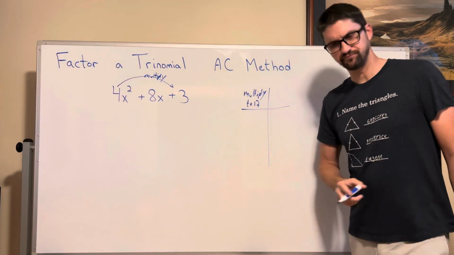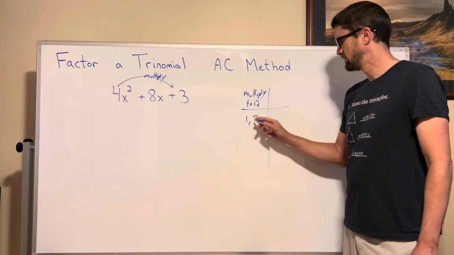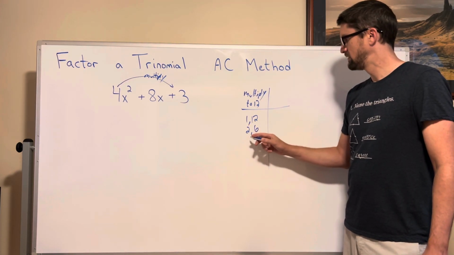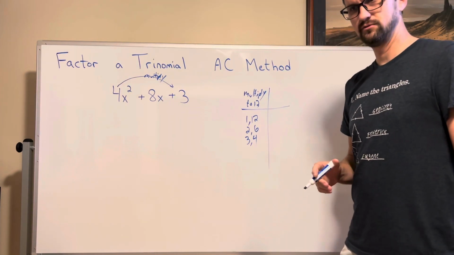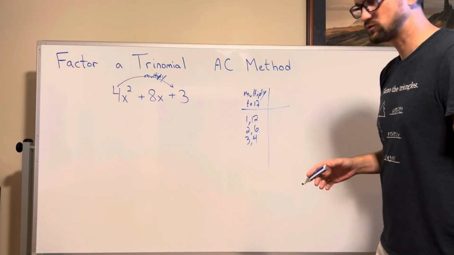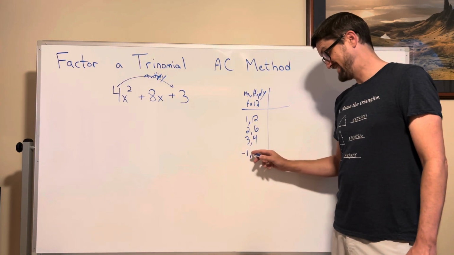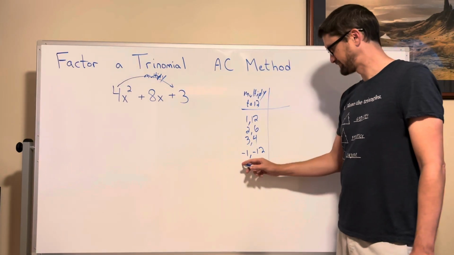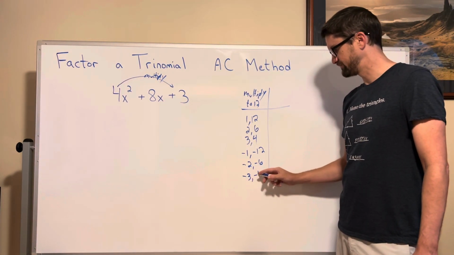Make a table out of it. 1 times 12, 2 times 6, 3 times 4. Those are all two numbers that multiply to give 12. Also, -1 and -12 also multiply to positive 12. -2 and -6, and -3 and -4.